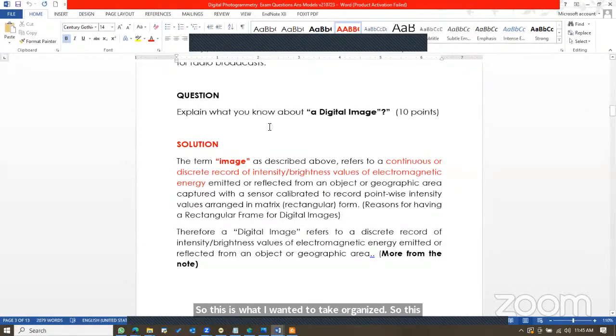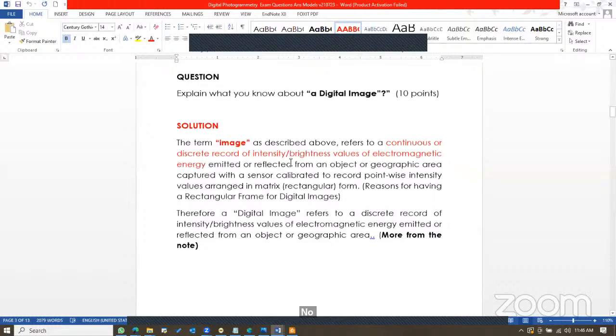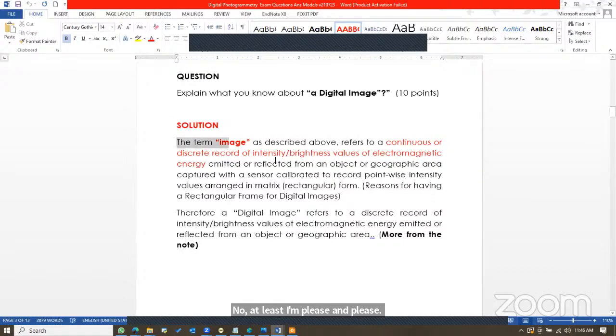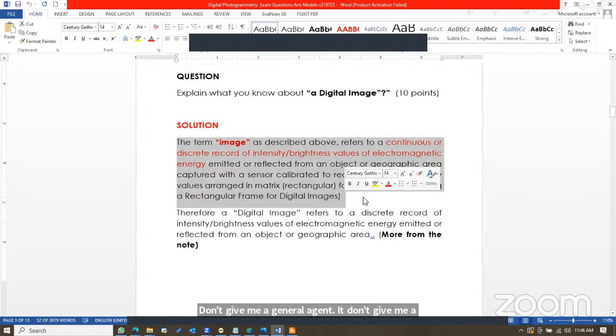Now, if they ask you what do you know about a digital image, please don't give me a generic definition of an image and disappear and think you have answered the question.